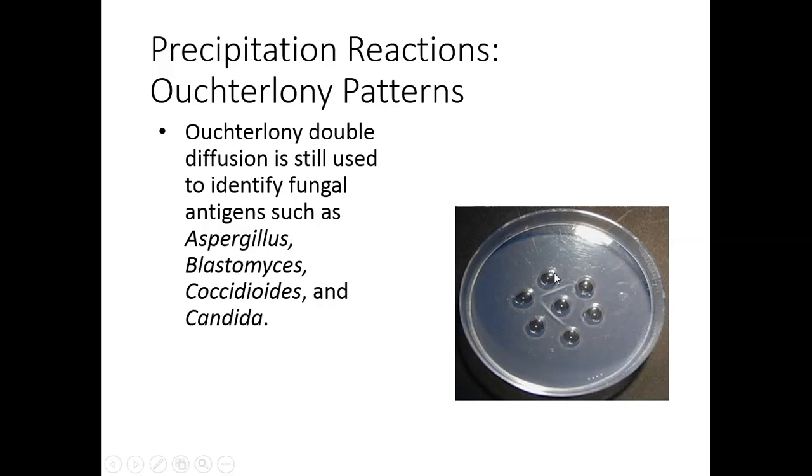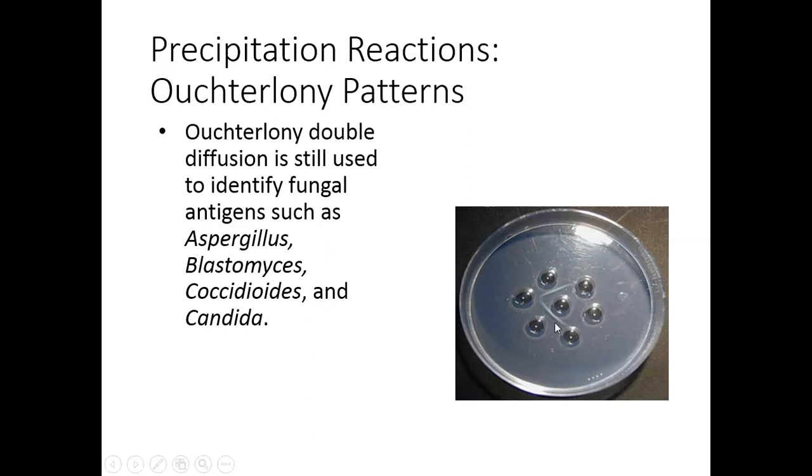So you could put a Candida here, the patient, then you could put another kind of form of a yeast, and then another patient. So you can use it like that.